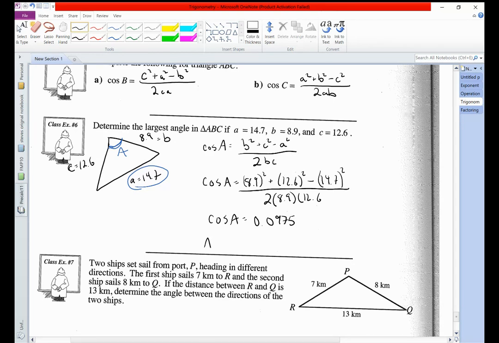And then obviously, if we're looking for an angle, we want to use our inverse function. And that means we get angle A equaling 84 degrees. So that is the cosine law. It's just an alternative form of the formula based off of what you're looking for.